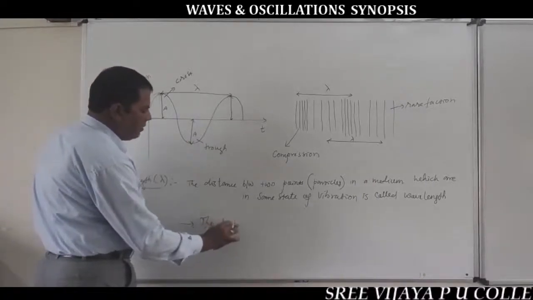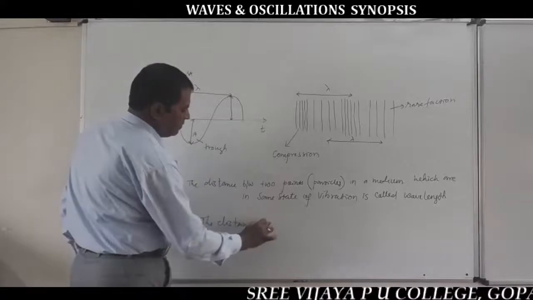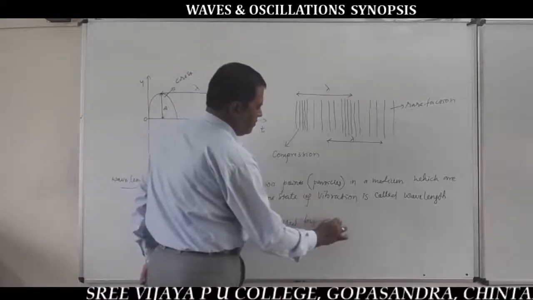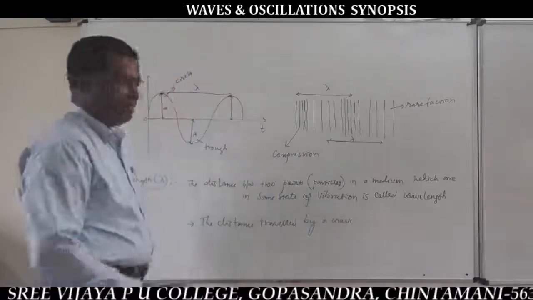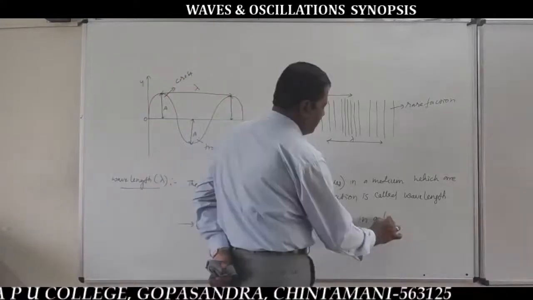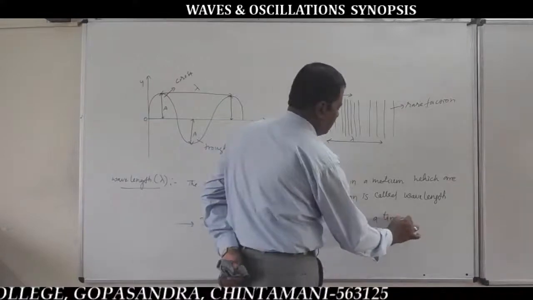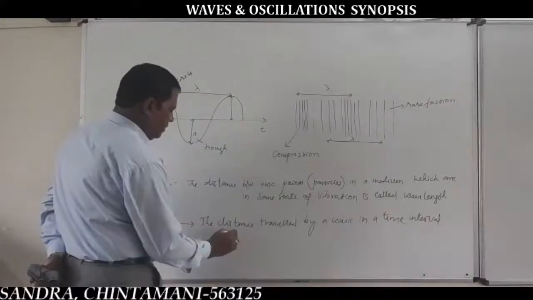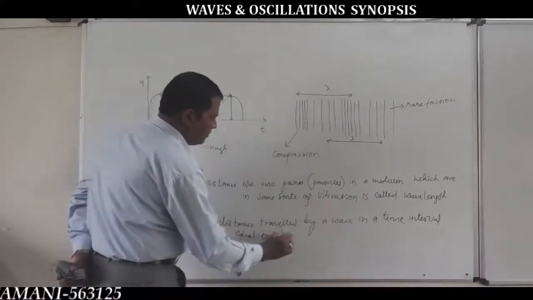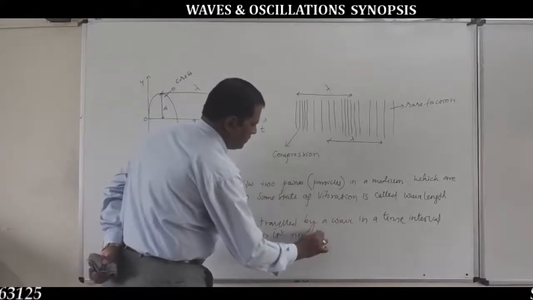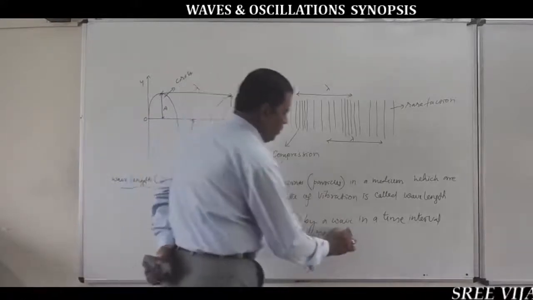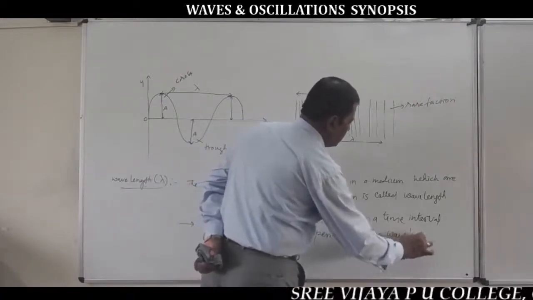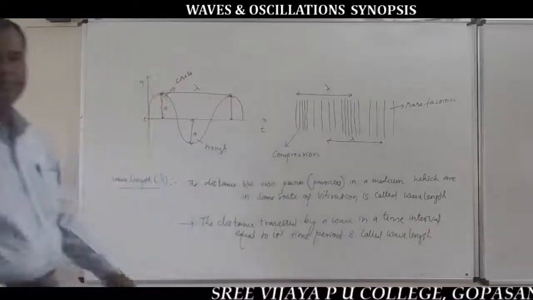The distance traveled by a wave in a time interval equal to its time period is called wavelength.